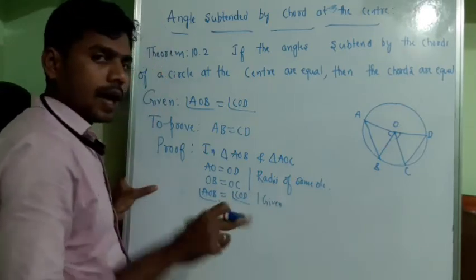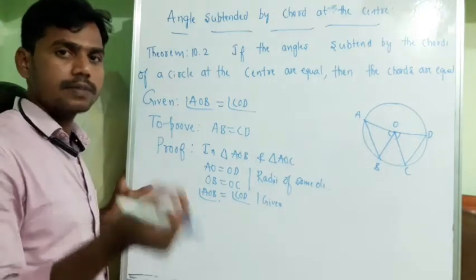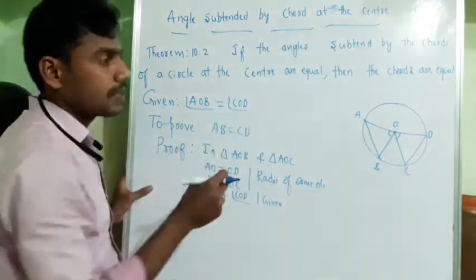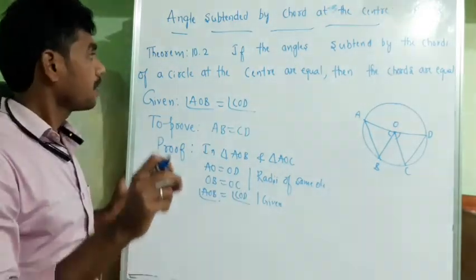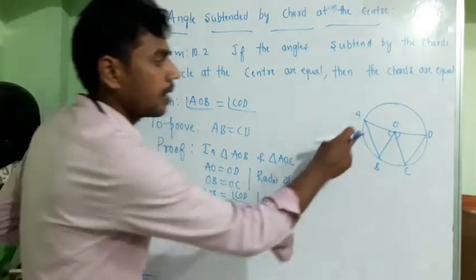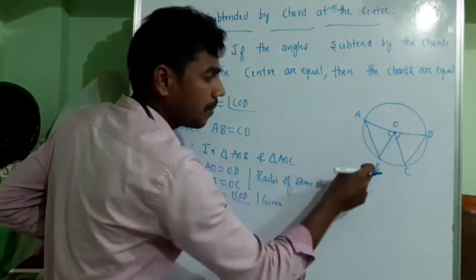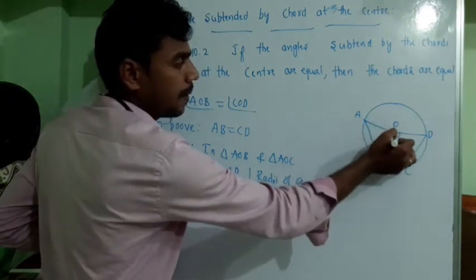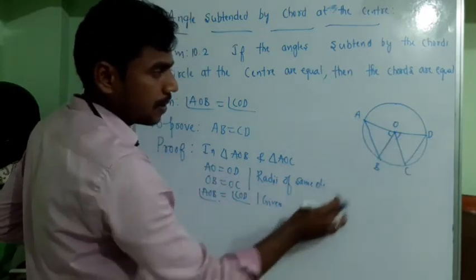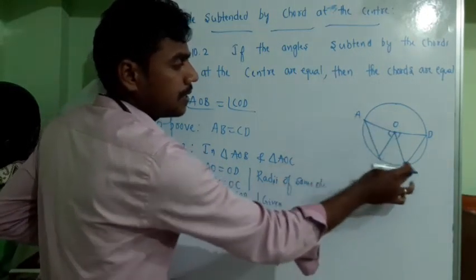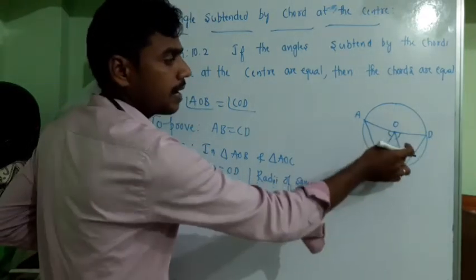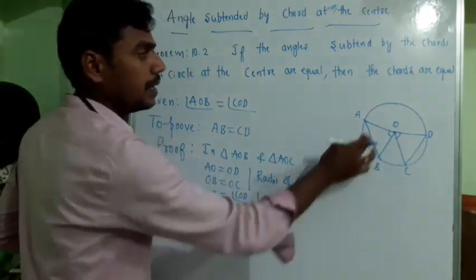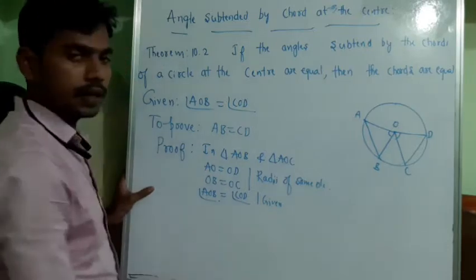These two are the angles subtended by the chords AB and CD at the center, and they are equal.